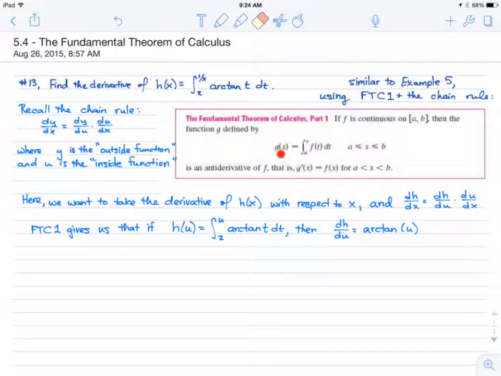And now instead of g of x here, they called it h already, so let's call it h. It's a function of u, because we want the variable to be the one that's represented as the upper bound of this integration.